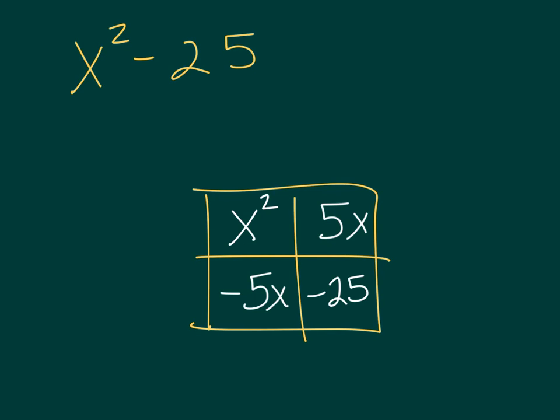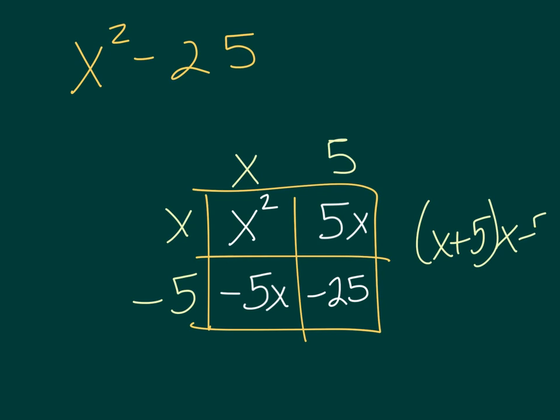Then you're still doing your same process, pulling out. So you'd have an x here, a 5 there, an x here, and a negative 5 there. So it would still factor to x plus 5, x minus 5 as your two-factored form. Same thing, just a different style.